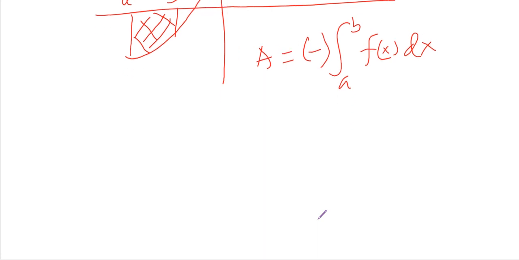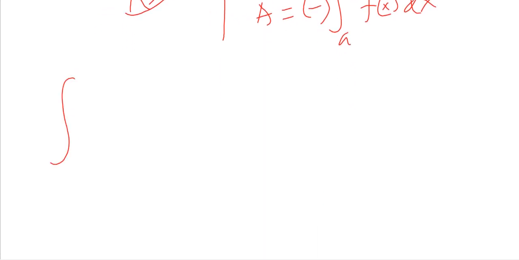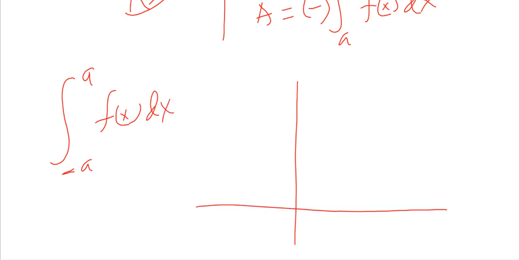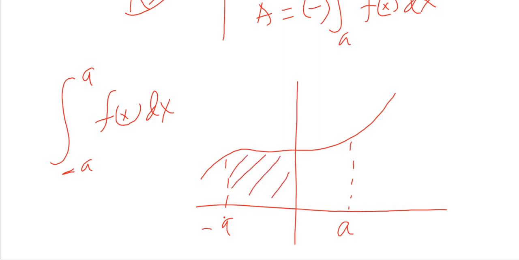Now, if we write an integral from minus a to positive a, f of x dx, we are considering a curve, whatever kind of curve. This is minus a and positive a. So it is the sum of the area of this region and the area of this region. I will call this one A1 and this one A2.